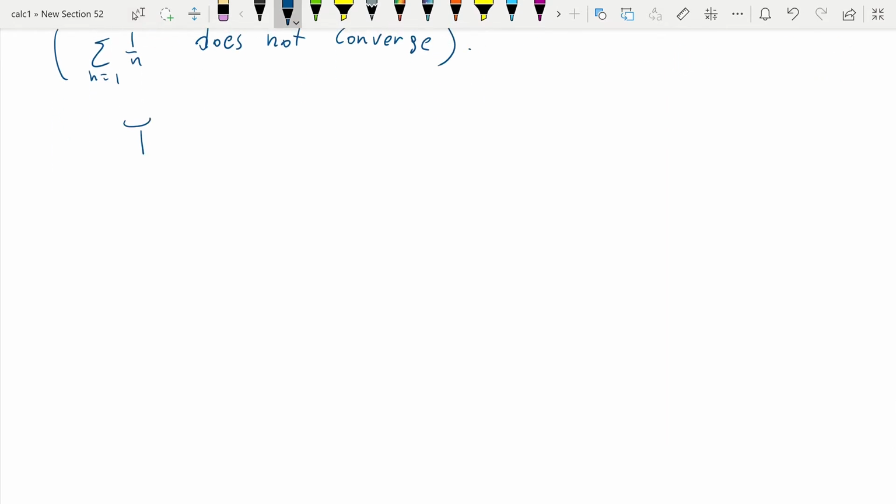And in fact, we have a theorem about it.